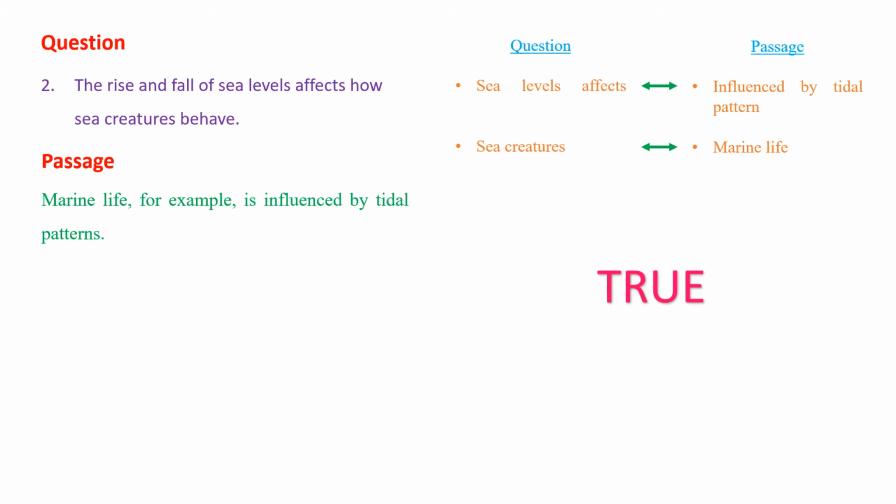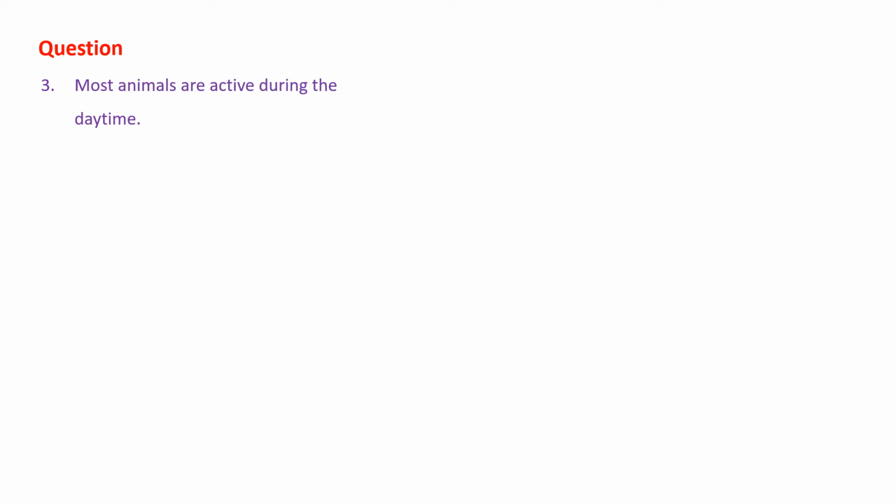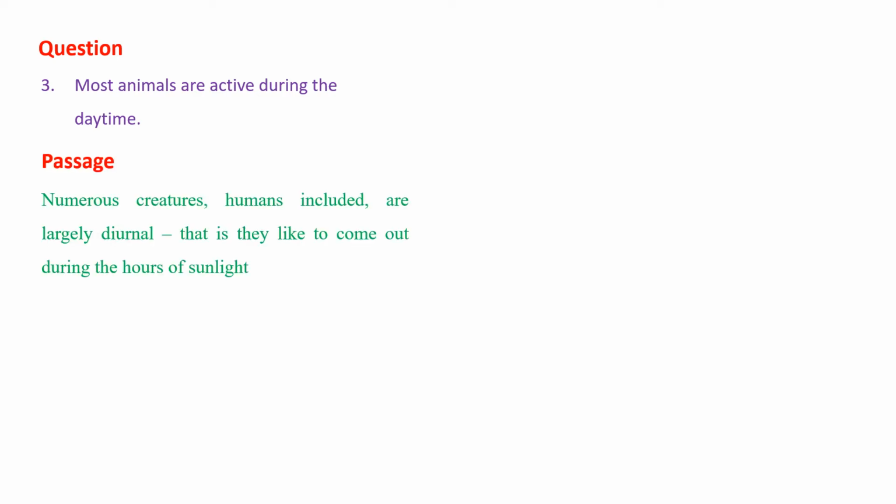Now, let's leap forward to the third question. The third question is: most animals are active during the daytime. The answer for this question is in passage B. The author has said that numerous creatures, humans included, are largely diurnal. That is, they like to come out during the hours of sunlight. Now, let us compare the keywords.